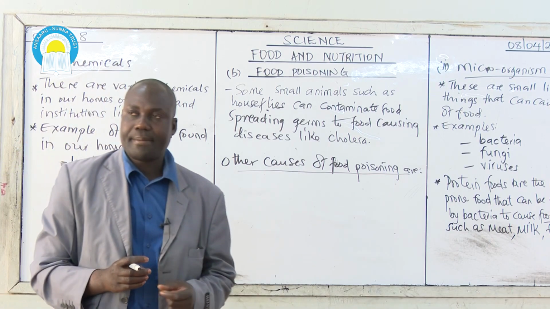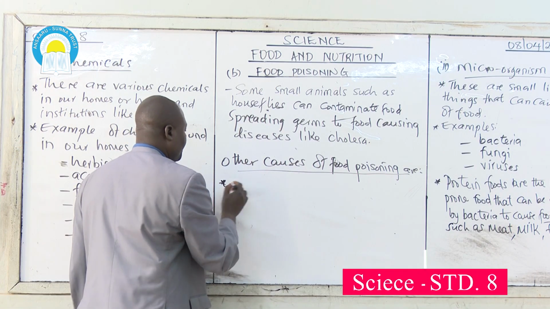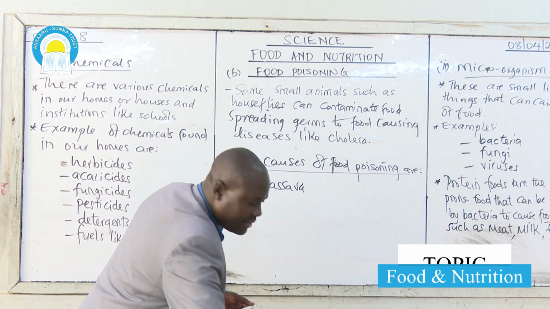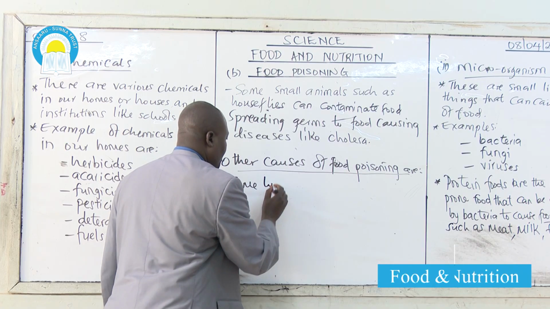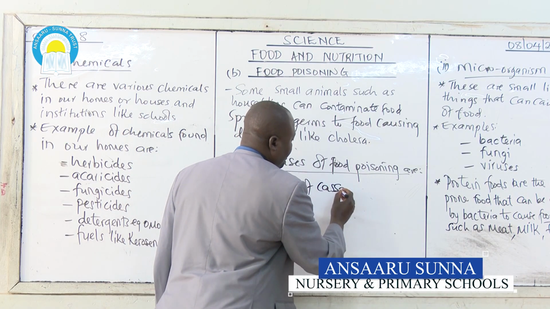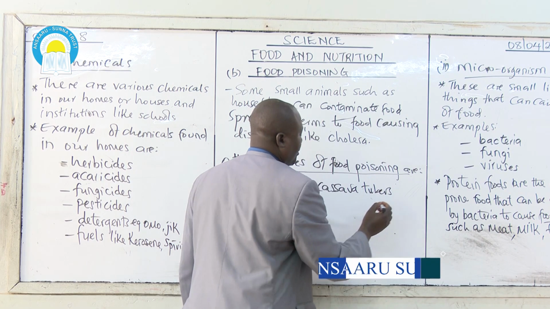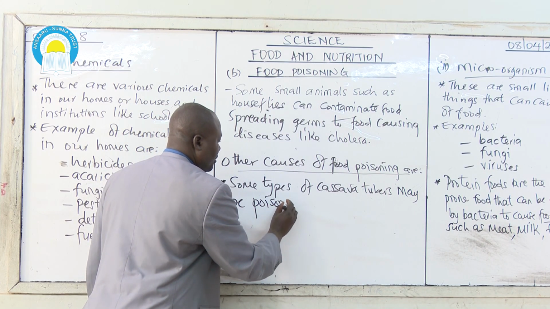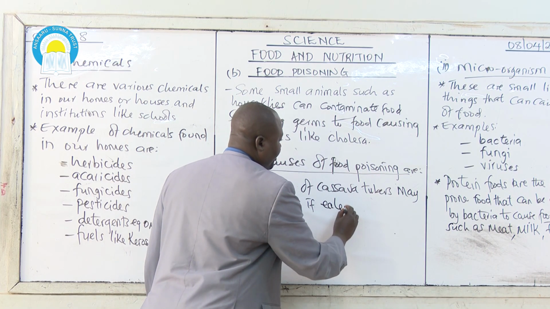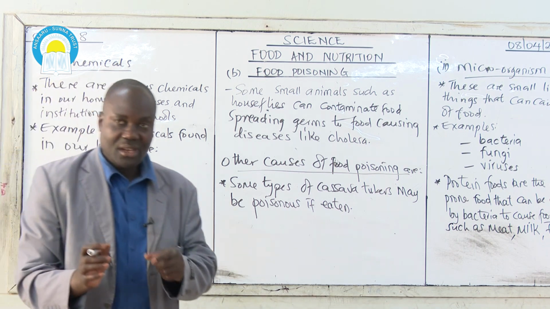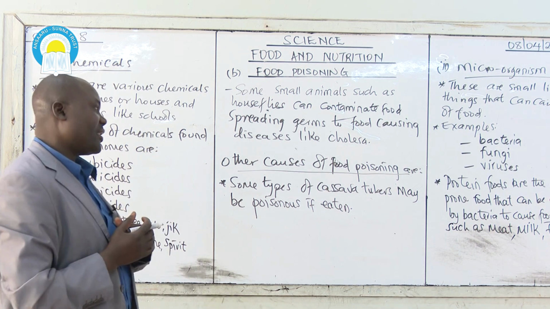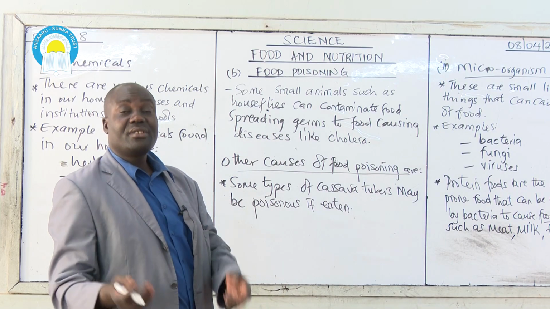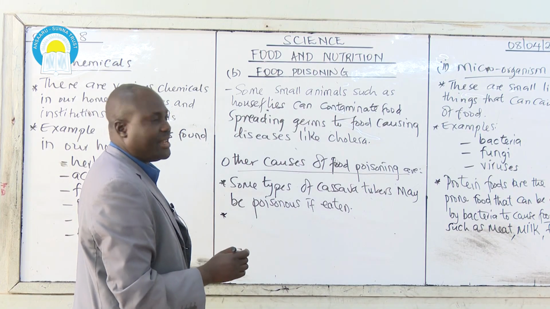For example, some types of cassava tubers may be poisonous if eaten. Many times you have heard that people have died after eating a given type of tubers. For instance, cassava has been reported on the news as having caused even death.